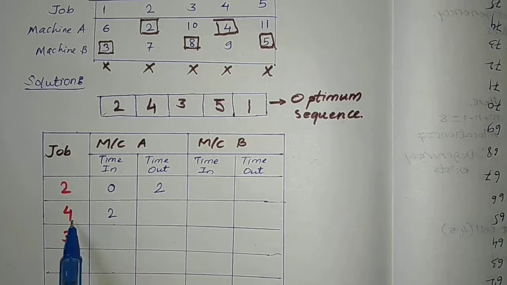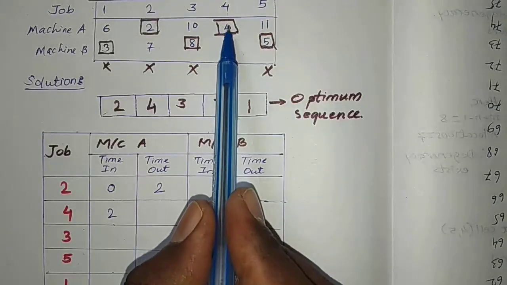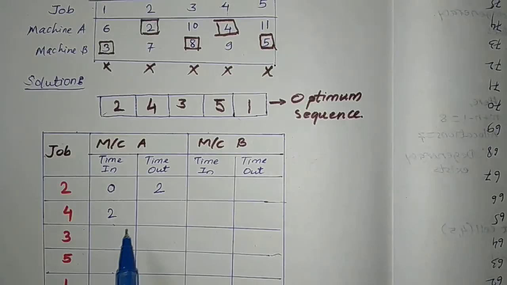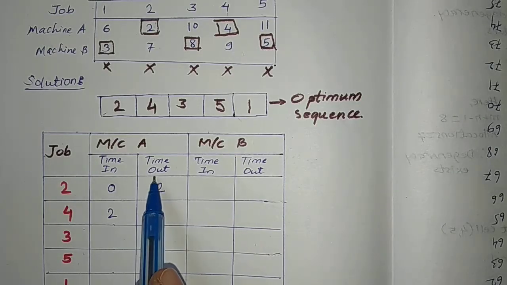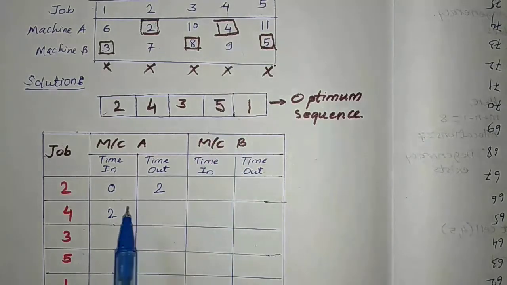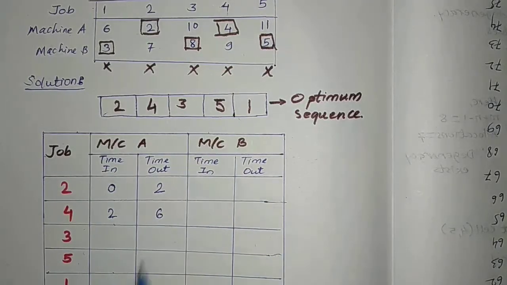Now similarly, job number 4 takes 4 hours to get processed on machine A. Therefore, its out time from machine A will be its start time plus its processing time. So 2 plus 4, that is 6 hours. Getting?